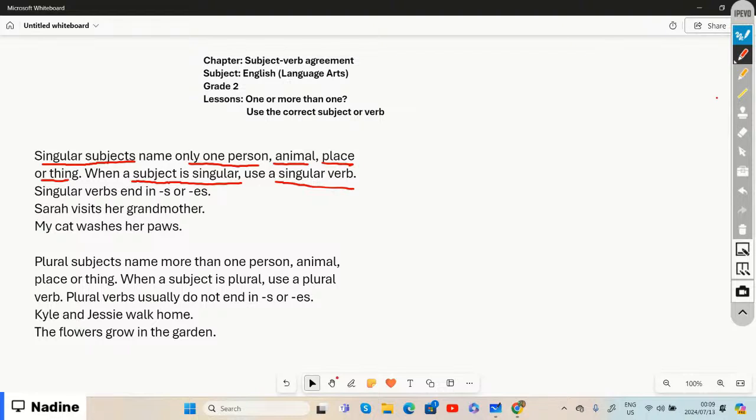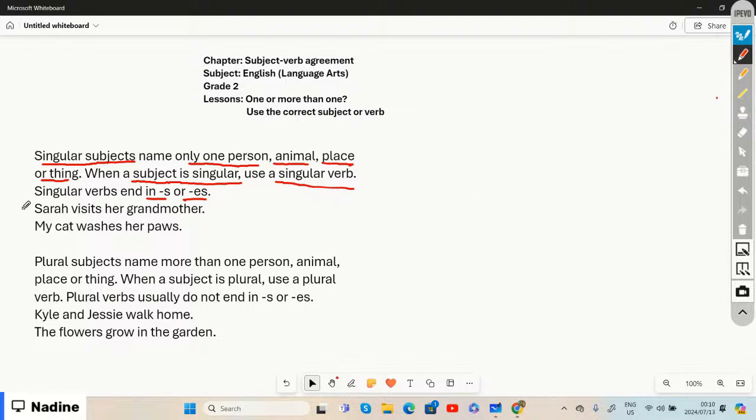And when we have a singular subject, our singular verb needs to end either in s or in es. So we said our singular verb is going to end either in s or es.